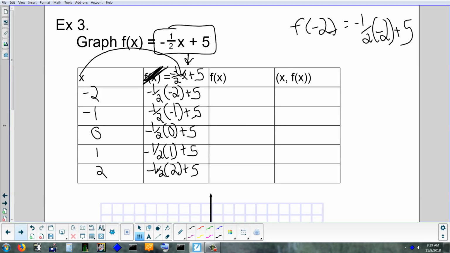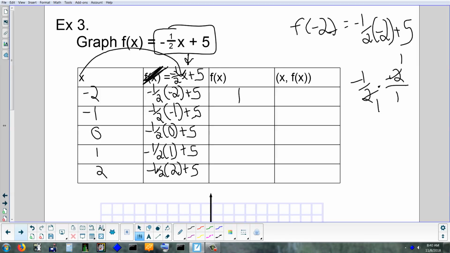Now I'm going to do the math. If I have -1/2 times -2, I'm going to do this over 1. I got a negative times a negative, so what happens? It's going to be a positive. Everything here basically cancels out. That's what I get for an answer: a positive 1.